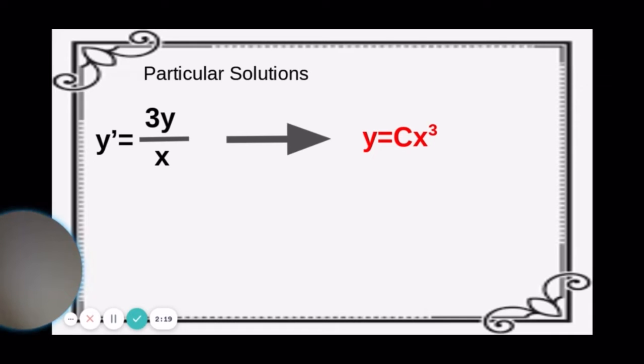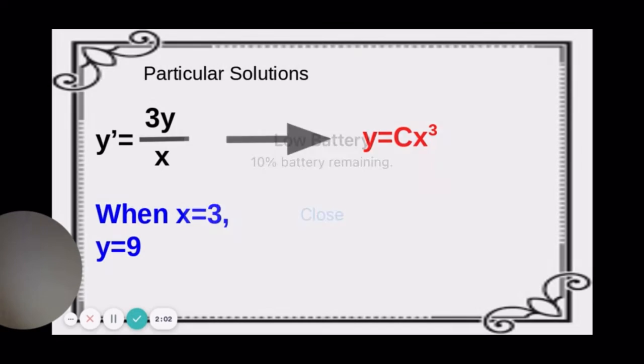So, particular solutions. A particular solution would be one of those solution curves. In order to find a particular solution, you need initial conditions to specify which particular solution curve you want. For example, your initial conditions could be when x equals 3, y equals 9.